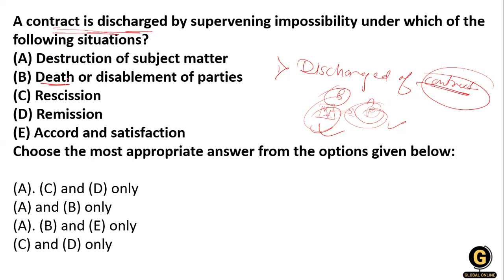And change of law, any kind of changes in the law or in the person of statutory authority, or outbreak of a war. In case of outbreak of a war, the contract also vanishes, or the party is discharged from the contract. So only two things come here, that is A and B. So the second is the right answer.